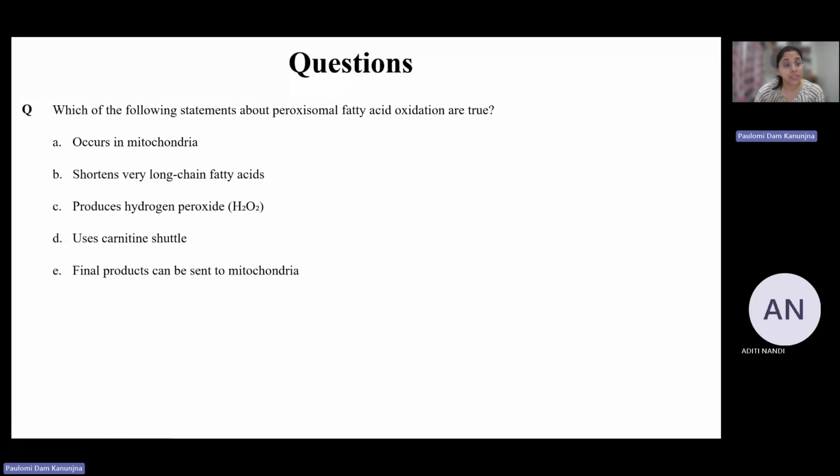So it says something called peroxisomal fatty acid oxidation. This is again something we haven't discussed. So I just wanted to keep it in here so that you get an overview. So you can try attempting, and then we will of course look into the answers. So we are looking here into peroxisomal fatty acid oxidation.